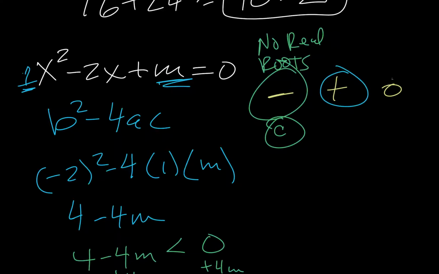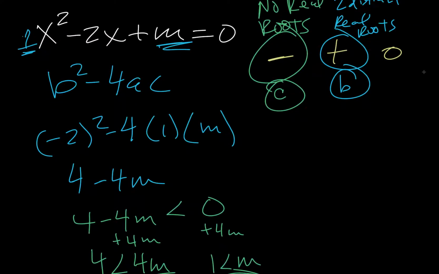Okay, for the positive case, which is two distinct roots, so this is B. So I'm doing this backwards, I guess. So this is two distinct real roots. That case is positive, so we're going to set up something very similar to this, where we say 4 minus 4m is greater than 0, because we want a positive number.